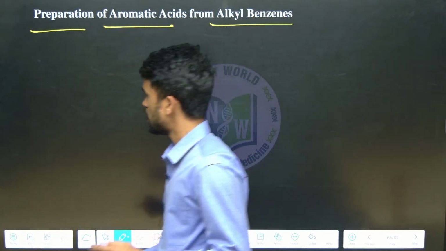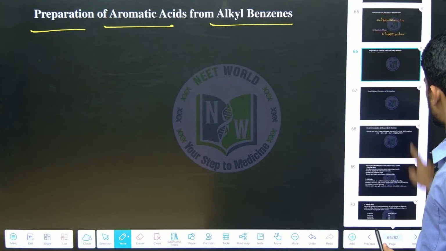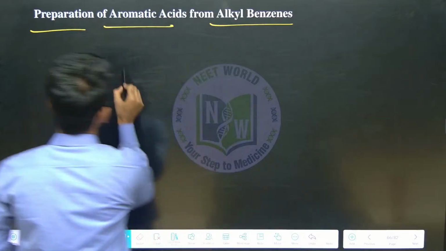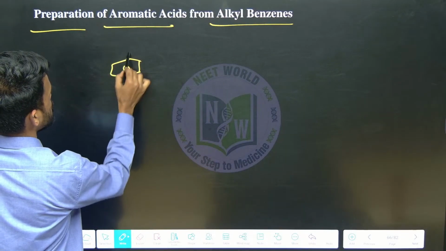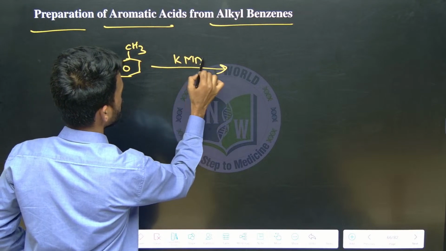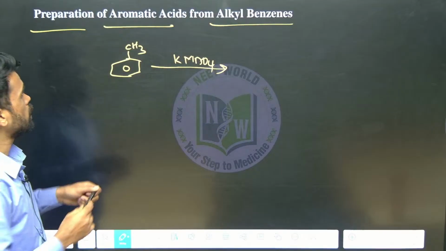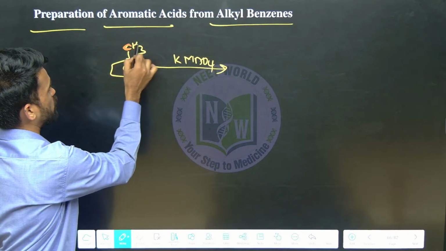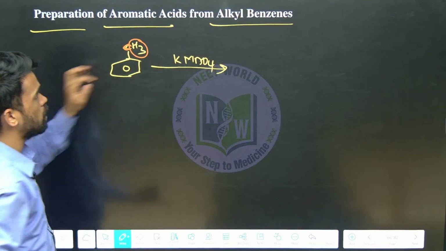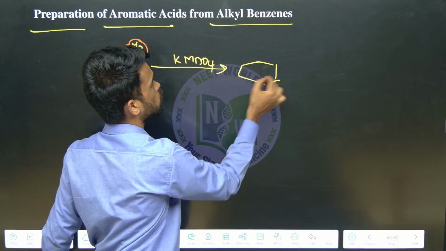Okay, anyways, let me add a few more points to this. Take this one last example because it will be finished. So alkyl benzenes, if you have at least one hydrogen present on the benzylic position carbon, upon treating with KMnO4 get completely oxidized to carboxylic acid.